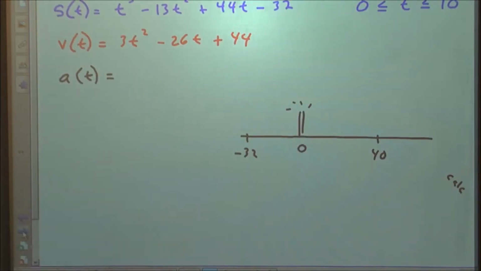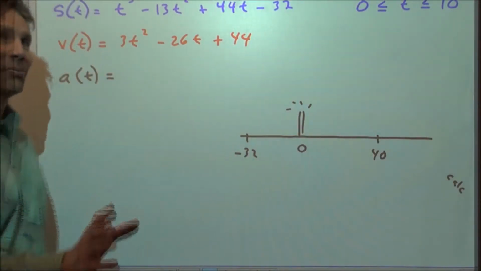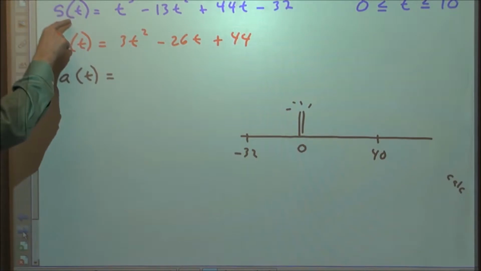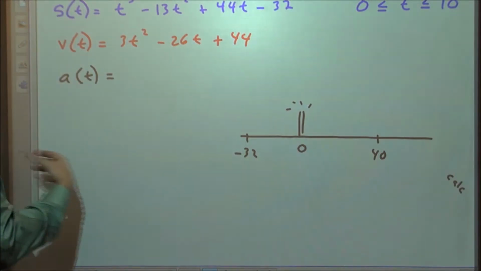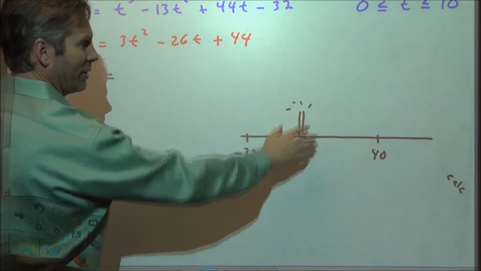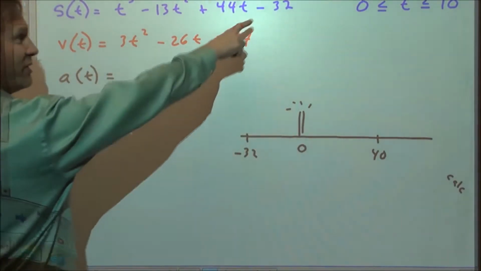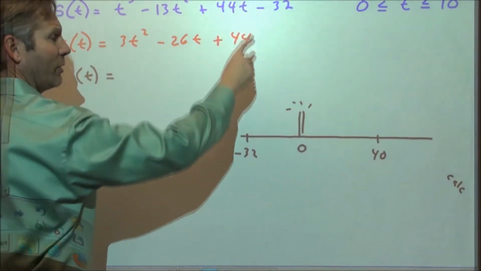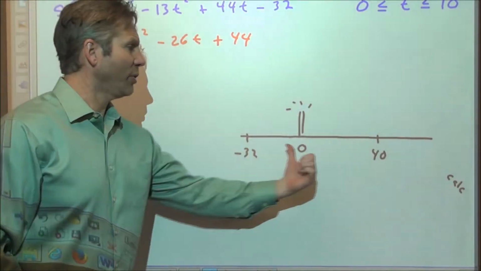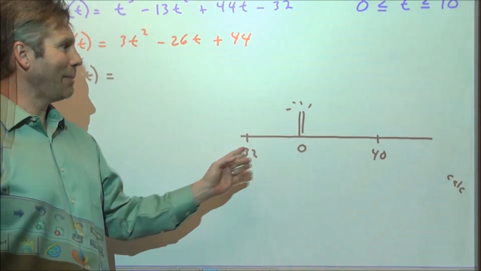All right, let's look at a problem similar to the ones in our homework in section 8.7. This is the distance of a mosquito away from this lamppost. Clearly that's a lamppost, it's not a cigarette stuck in the ground. Now we see the y-intercept is negative 32. That means the bug is starting 32 feet to the left of the lamppost.